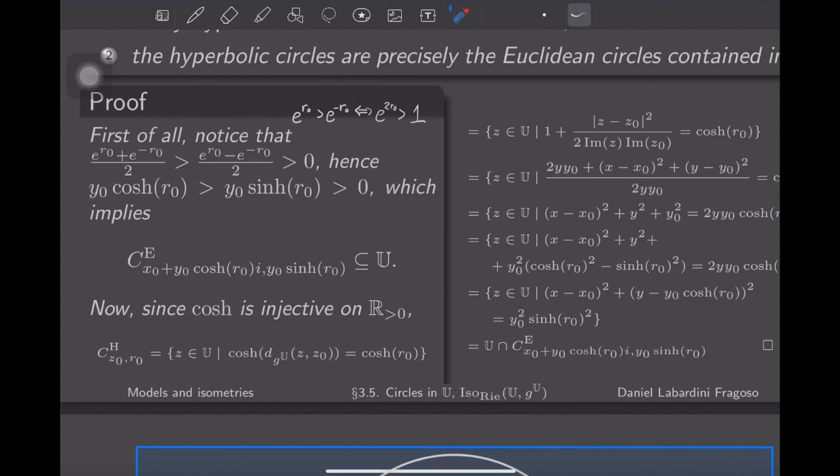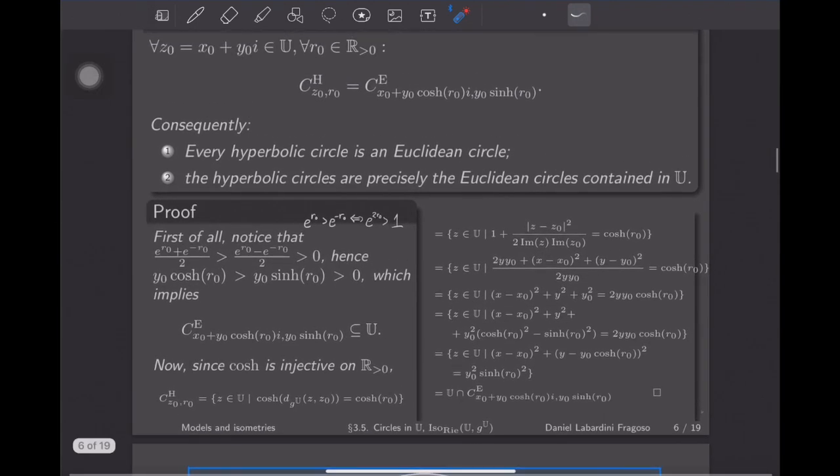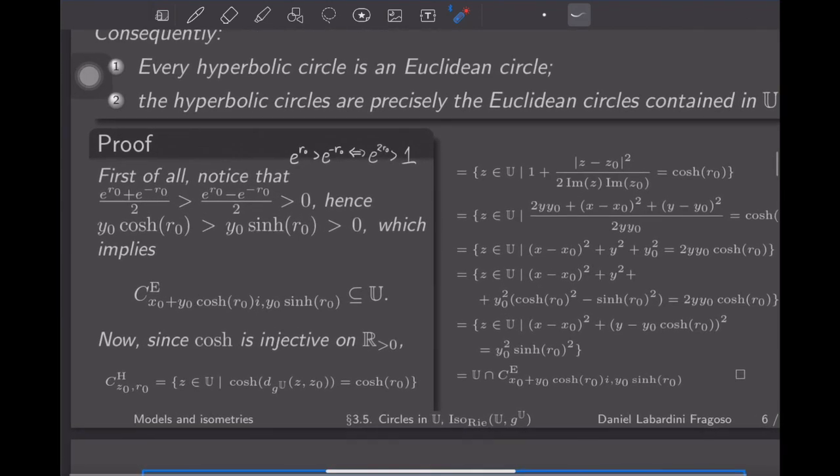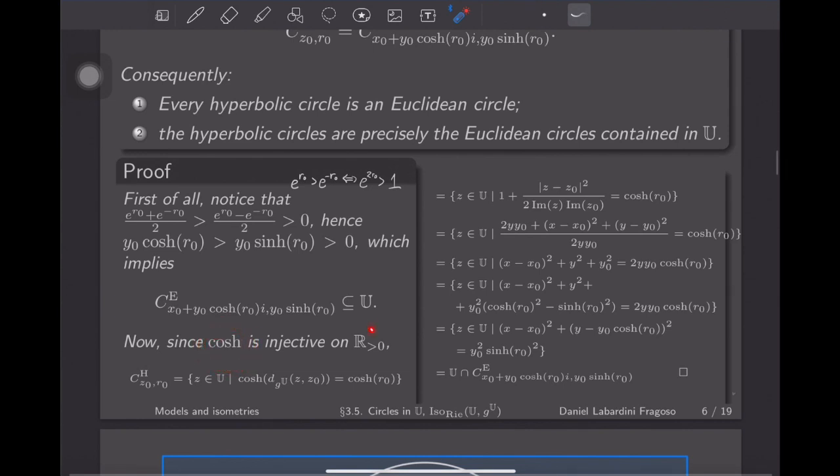Okay. Now I go to just the brute force computation. I know that the hyperbolic cosine is injective on the positive real numbers, not on the whole real numbers, but at least on the positive it is injective.